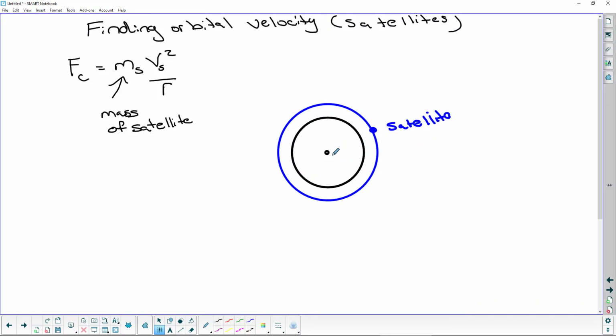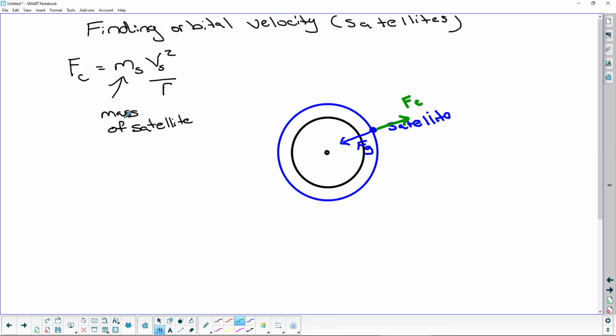And it's got some radius, and there's going to be a force of gravity, and then there's going to be an equal force, the centripetal force. Sorry, I kind of drew through that. The force in circles, which we know is already that.